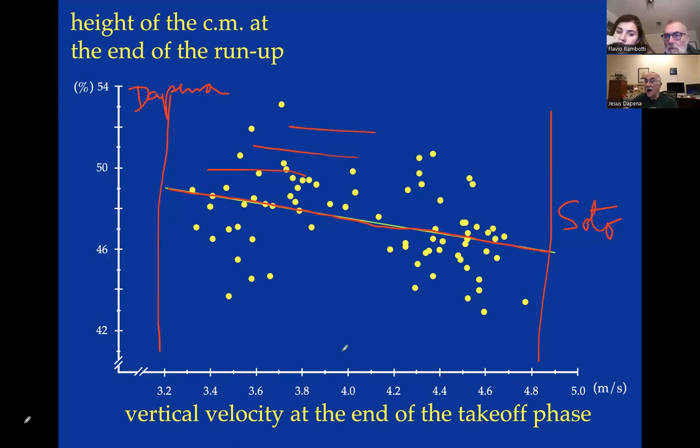Now, where is the optimum? Well, it depends on how many people we believe are crazy enough that they are all the time using a run-up that is too low. So here we have, I think, 93 high jumpers, basically about 100 high jumpers in this graphic.